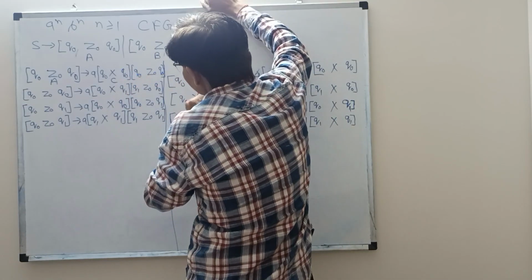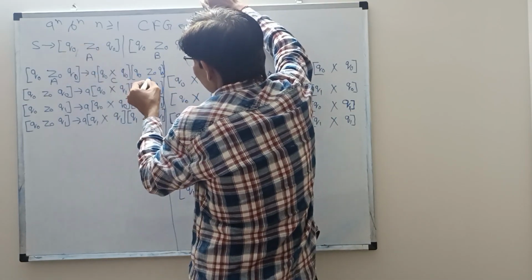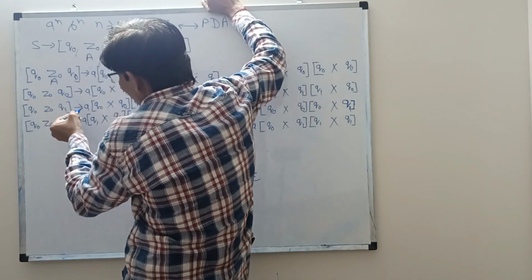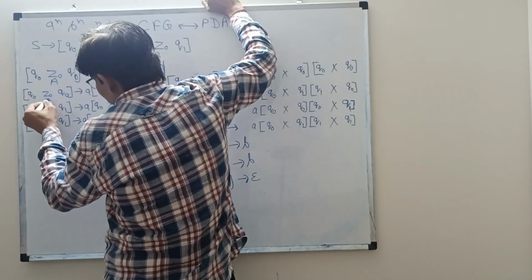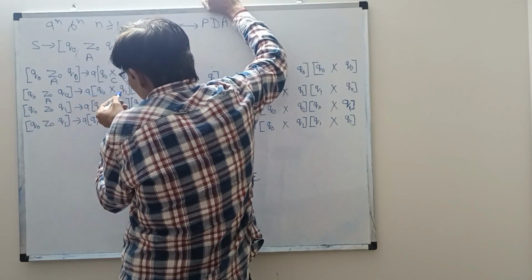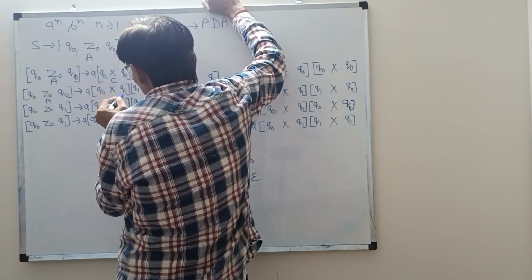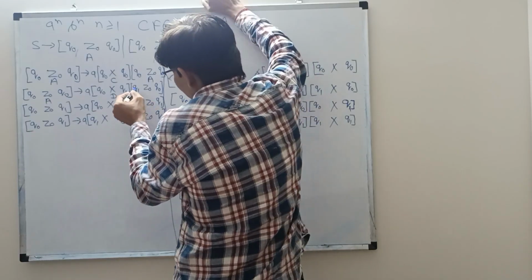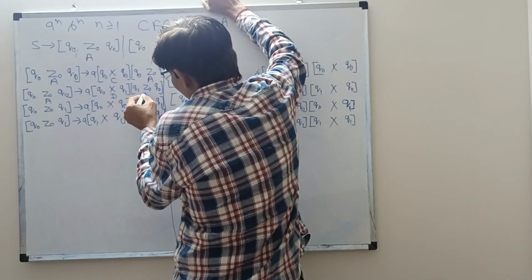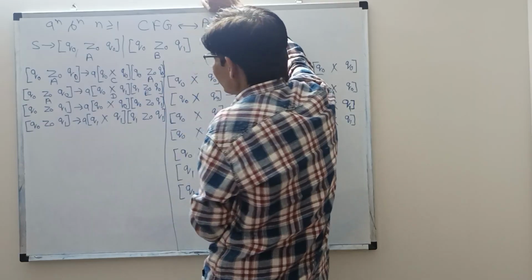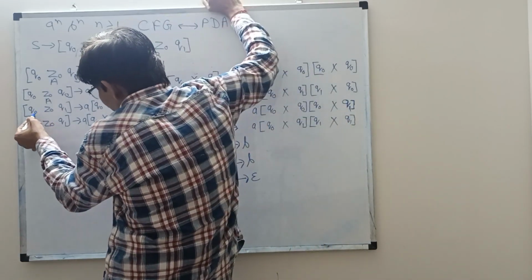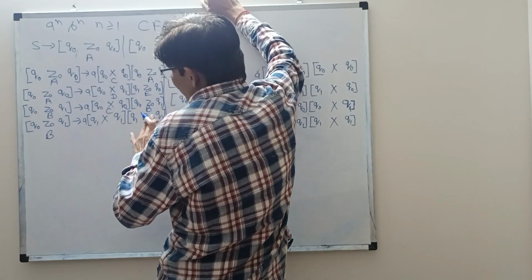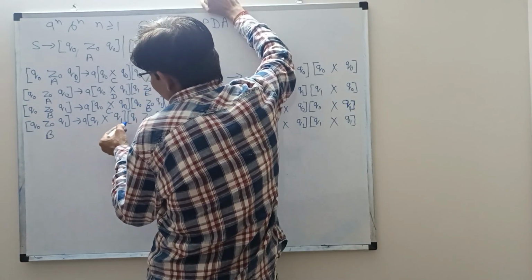Now Q0 Z0 Q0, we have already given one name, so it would be A. Then Q0 Z0 Q0, again it is A. Then Q0 x Q1 is a new variable, so I can represent it as D. Then this is again a new variable, so I can represent it as E. Then this is Q0 Z0 Q1, it is B. This is how we have named all these variables.